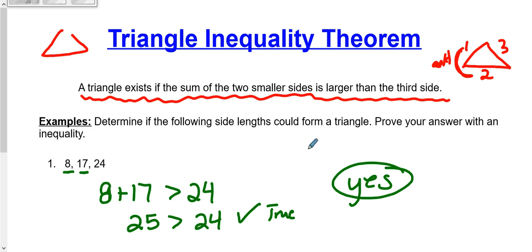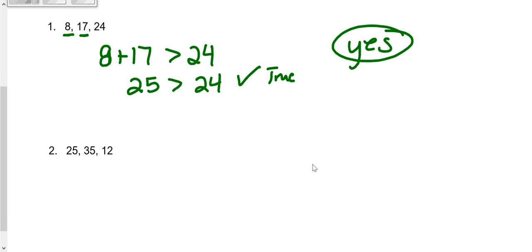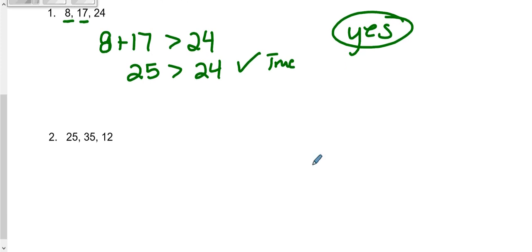All right. So let's try our next example. Our next example is the side lengths of a triangle are 25, 35, and 12. Now again, we're going to go with the 2 smallest lengths. So we're going to go with 12 and 25, and we're going to add them together, 12 plus 25, and we're going to see if it's greater than 35, because you're adding the 2 small ones to see if it's bigger than the third side.